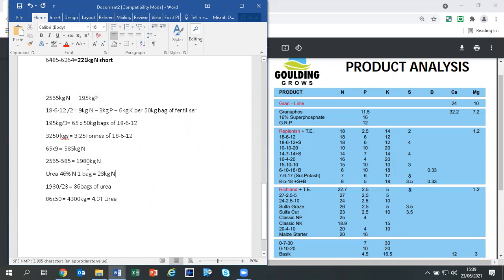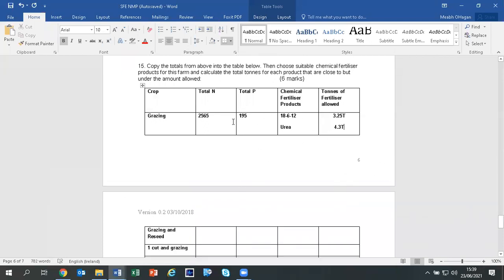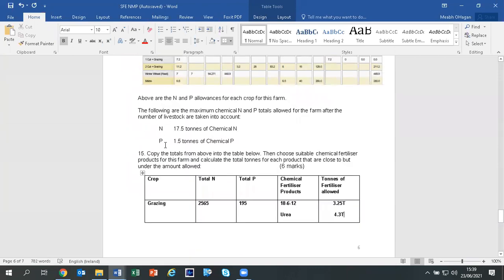So even if we knew that we had another 1,980 kilograms of nitrogen left required before we spread the urea, even if you were to come in with 1,800 or 1,600, just make sure that you're not leaving a massive amount missing from that nitrogen. And double check then, when we have all of this completed, we need to make sure that the nitrogen and phosphorus contained in all of the fertilizers that we are spreading do not exceed our maximums up here, because that is what's going to be most important in terms of our cross compliance.